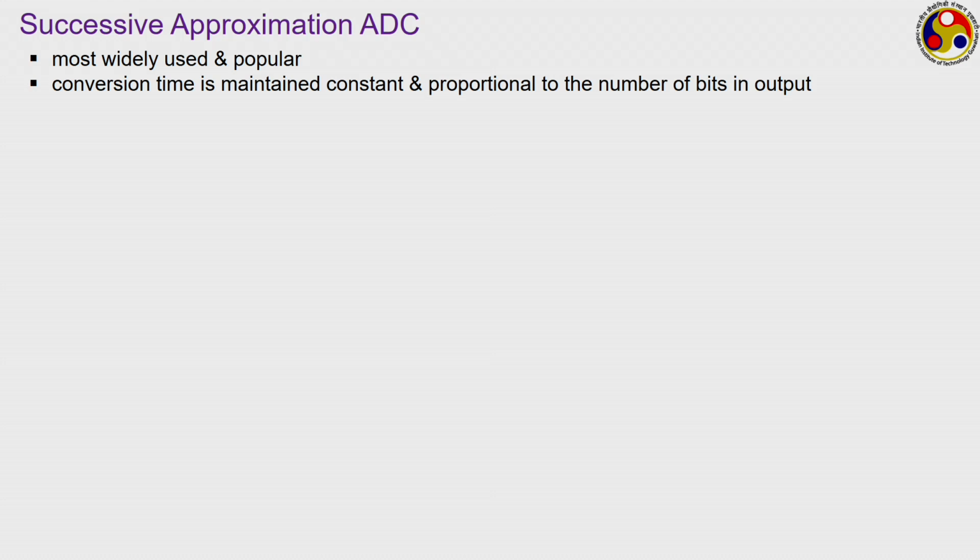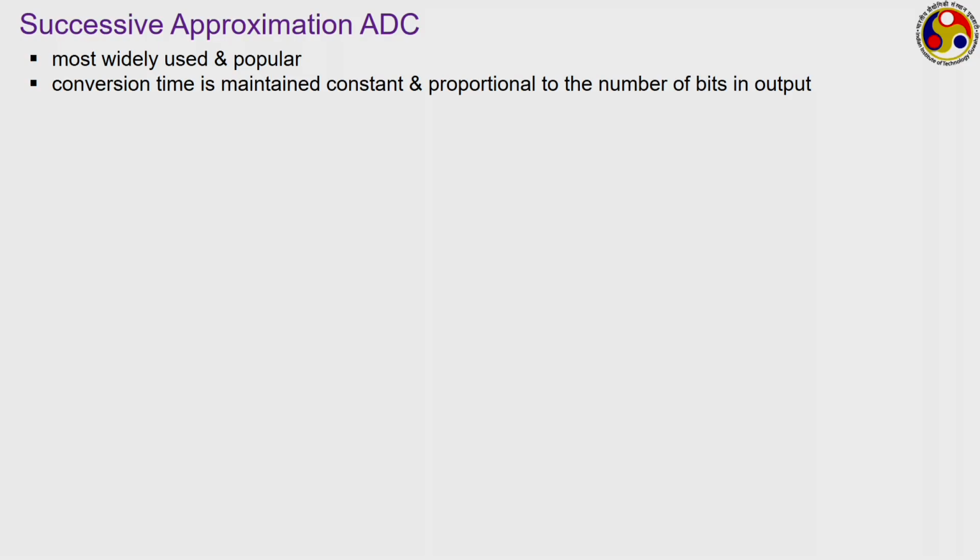In both cases, whether you are going for a staircase approach in the digital ramp or a constant current approach giving a linearly increasing voltage in the integrating ADC, we have a varying sampling time, whereas the biggest advantage of successive approximation is that the conversion time is constant and proportional to the number of bits in the output, which is the ideal one.